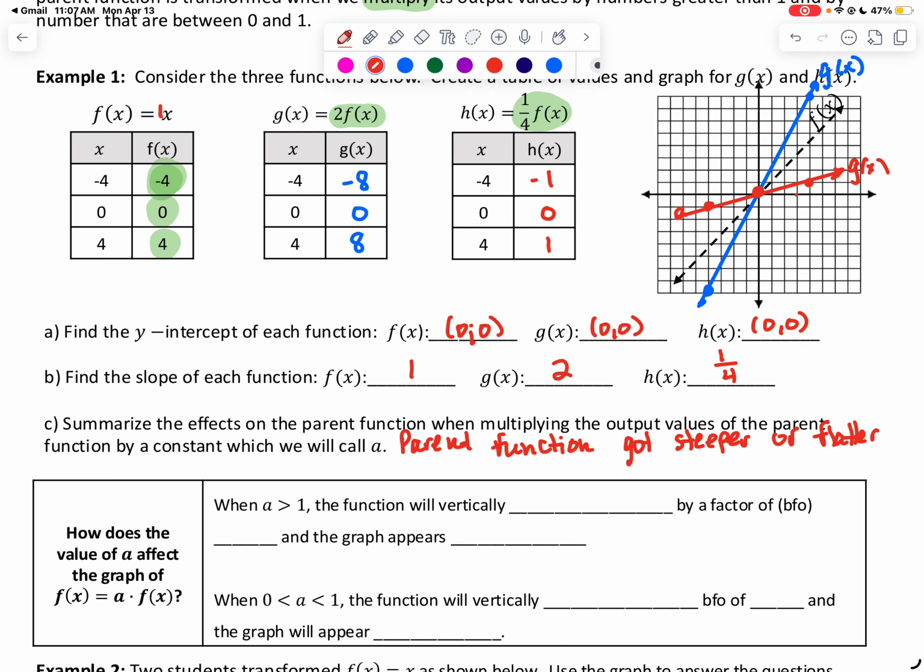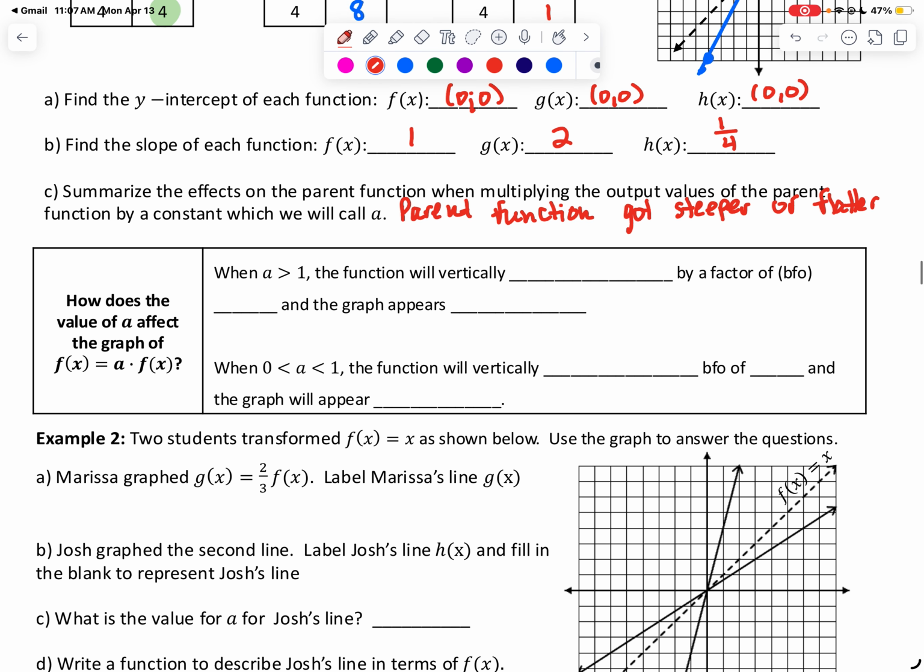It did not move it up the y-axis or down the y-axis. It did not move it to the right. It did not move it to the left. All it did was stretch or compress the y values, all right?